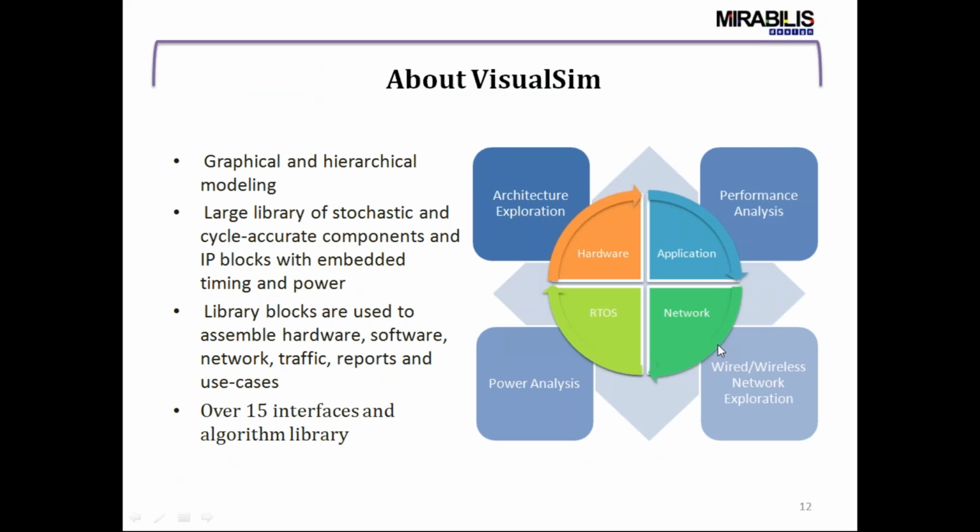So considering these different factors that we talked about, we have assembled the tool Visual Sim Architect, which is a highly graphical and hierarchical modeling and simulation platform. We also provide you a list of library blocks, which includes stochastic and cyclic rate level libraries, enabling you to create models of your proposed system architectures to identify bottlenecks and inconsistencies early in the design phase, by creating models of your hardware, software, network, and traffic as well.